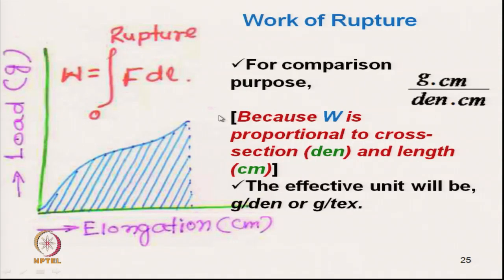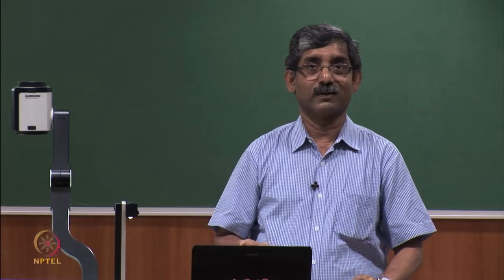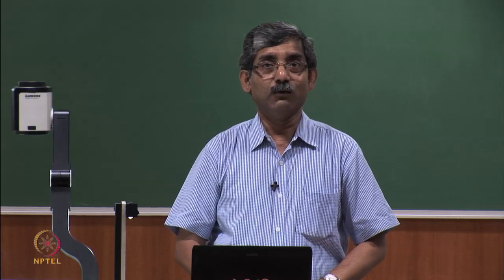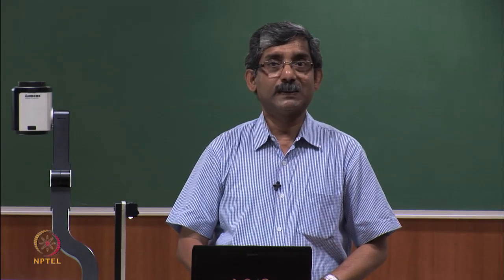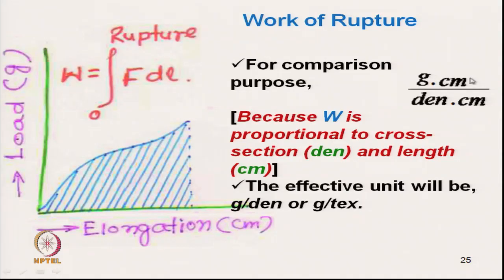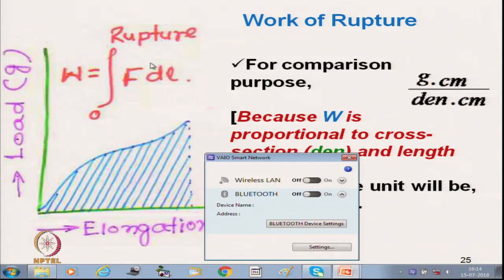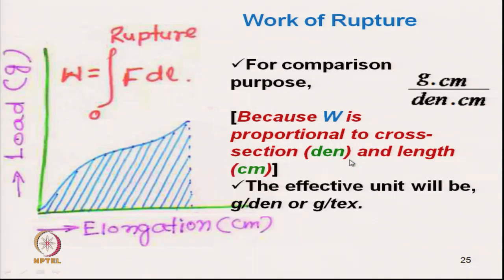Now, what will be the unit of work of rupture? So, the unit of work of rupture is gram force multiplied by centimeter. That is force multiplied by distance, that is the work of rupture.